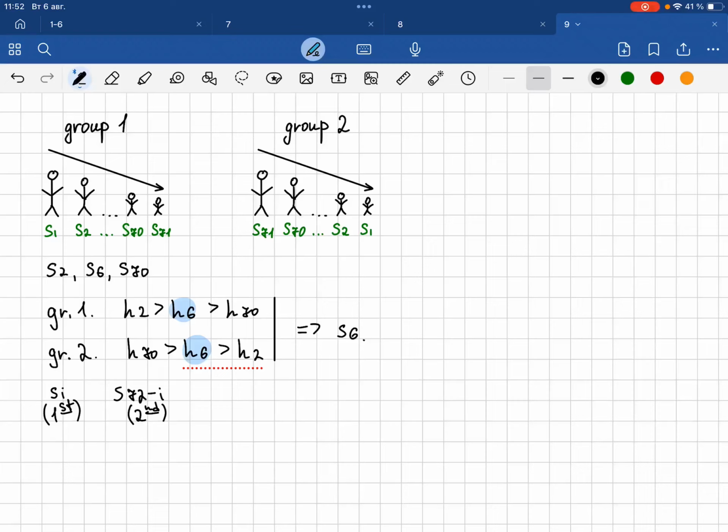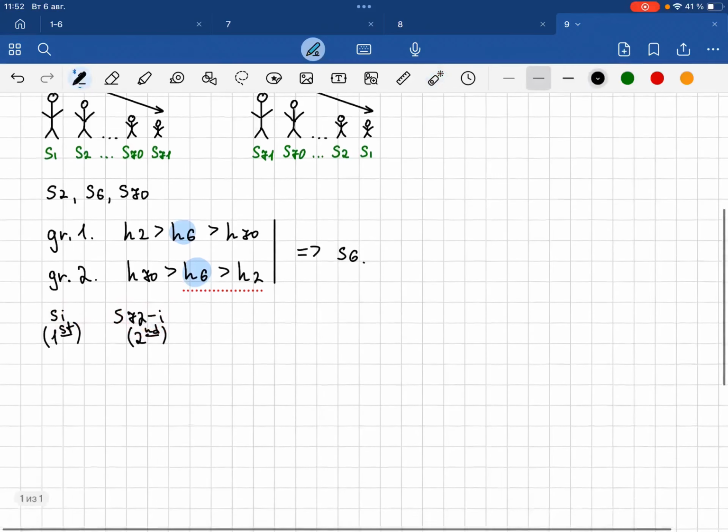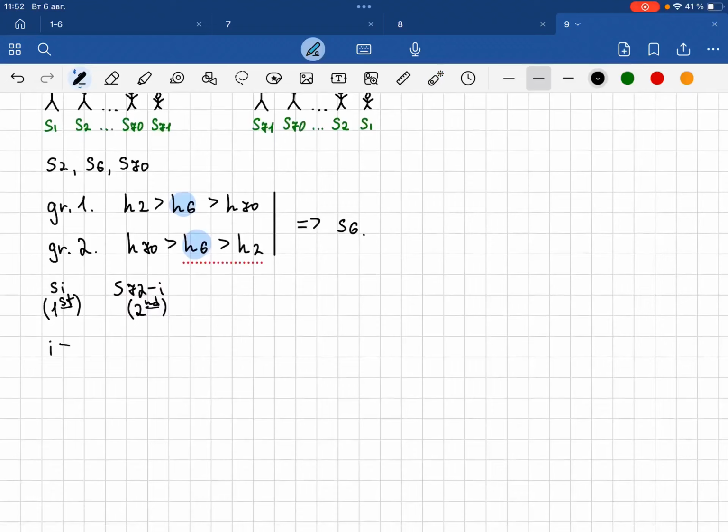So the subindex i here equals the subindex 72 minus i. So the name is the same. i equals 72 minus i, which gives us i equal to 36, which stands for an intermediate student.